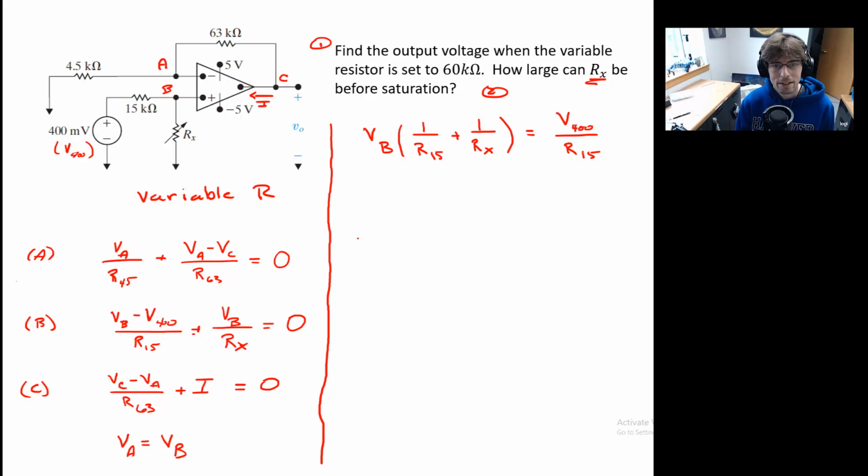Okay. Well, that's spiffy. Let's go ahead. If I move this to the other side, I get VB equals V400, and then I'm going to write this as a fraction: Rx times R15 divided by R15 times R15 plus Rx.